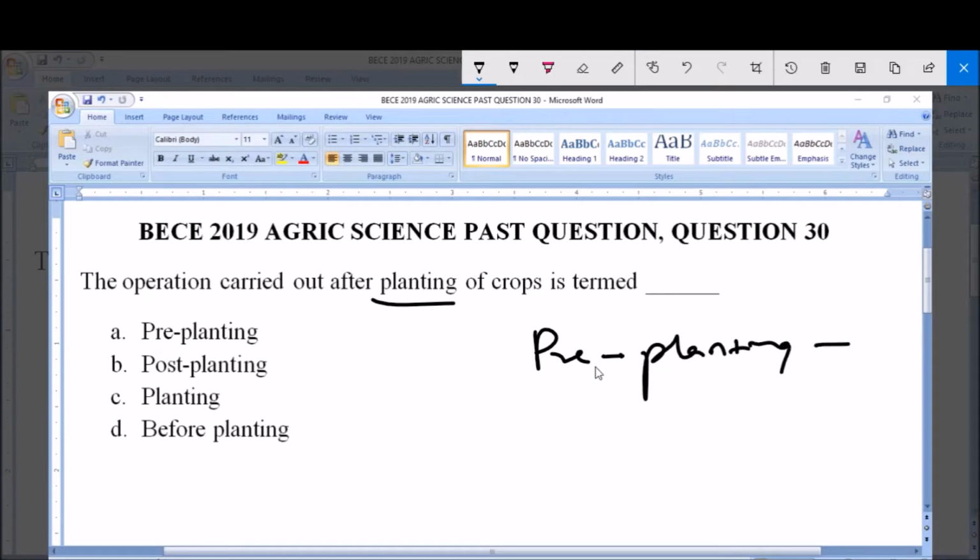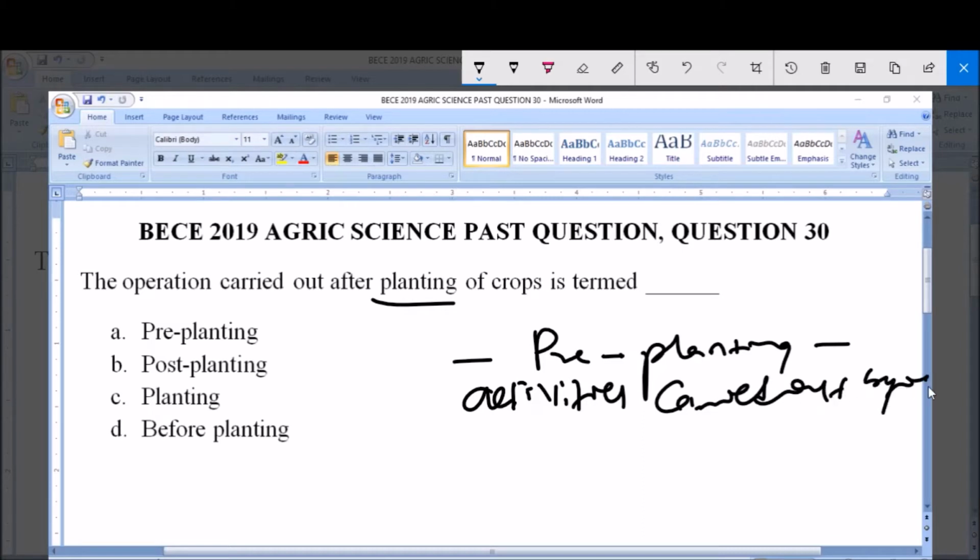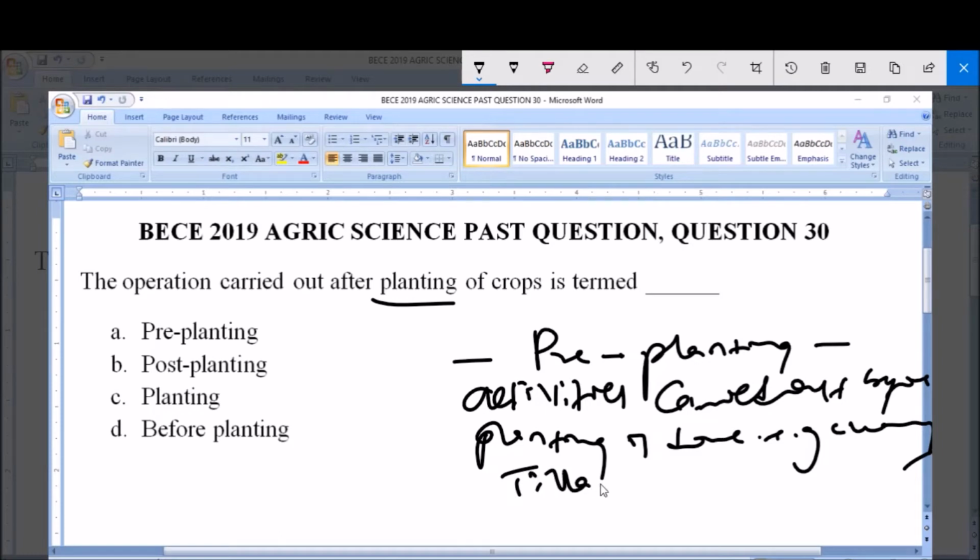These are activities carried out before planting is done. And these activities include what? You have the clearing of your land, you have tillage, tilling the land, and so on.